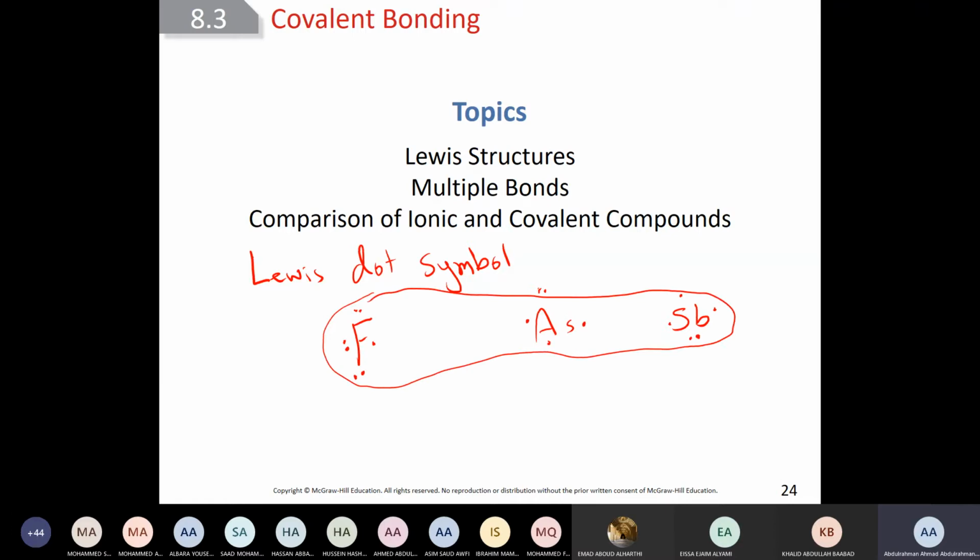All right. Then also, I told you, what's a covalent bond? Covalent bond is sharing of electrons, like so. If it's 2 electrons, it will be what?